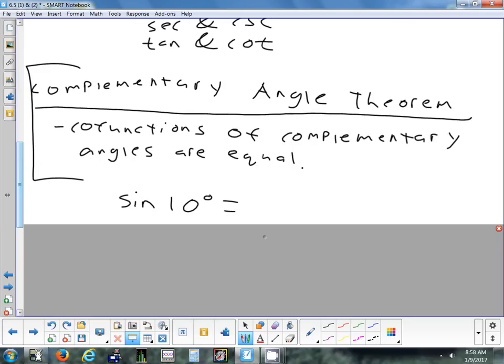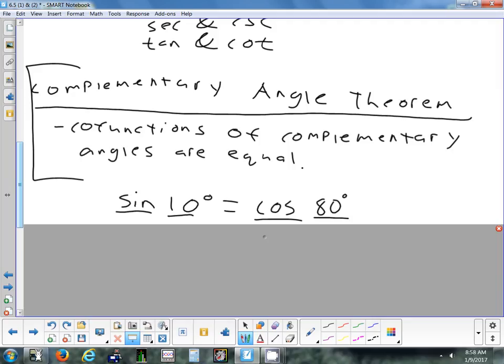Okay, so as an example, what's the cofunction for sine? Cosine. And what's the complement of 10 degrees? 80. These are cofunctions, and these are complementary angles.